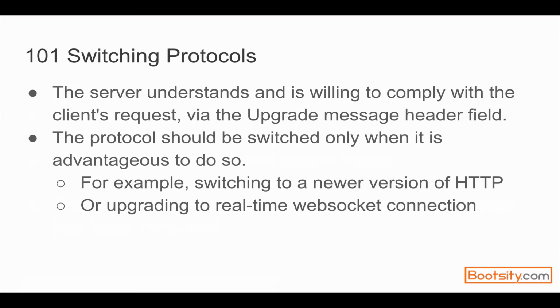For example, if the client is using HTTP 1.0 and both server and client are capable of using HTTP 1.1, then the server may send back a response with 101 that we can switch protocols for better connections. So we understand that the 101 HTTP response status code is used by servers to switch protocols.